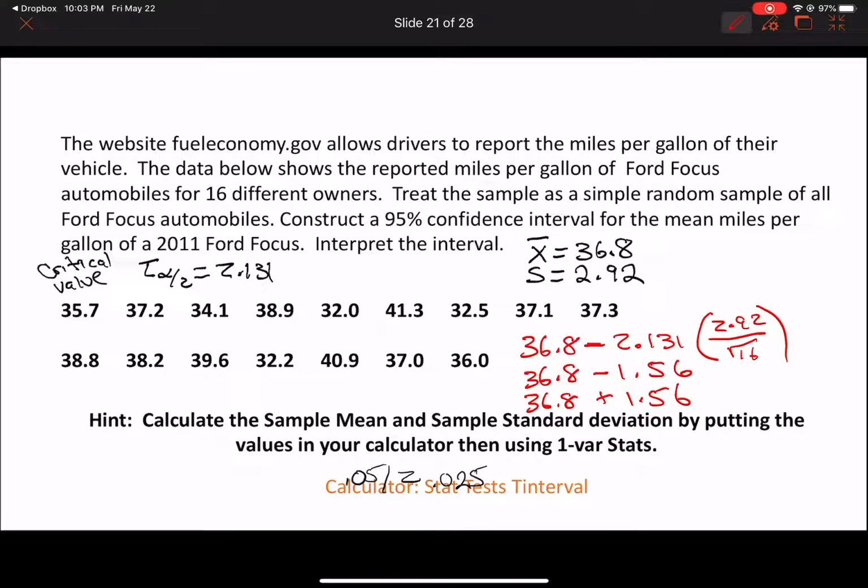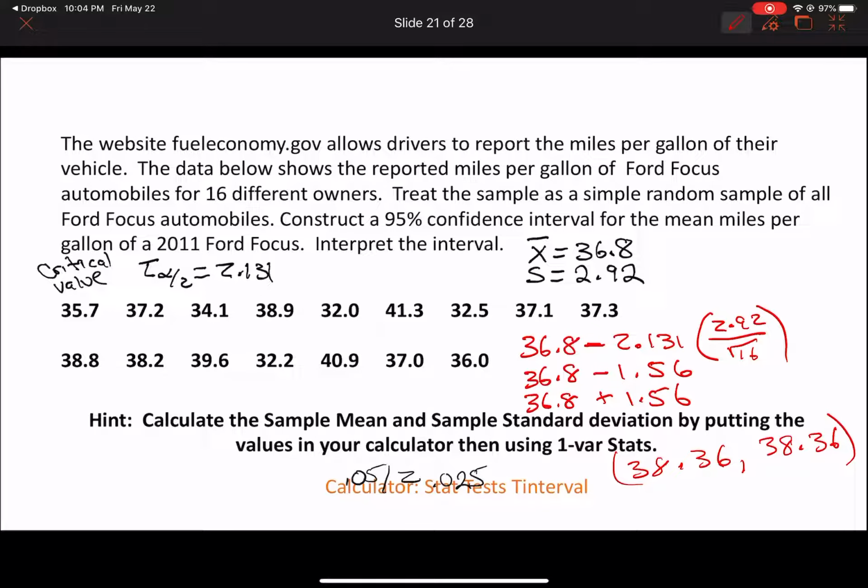So 36.8 plus gives me about, okay, I'm just going to go down to the bottom. I have 38.36 approximately, and my upper interval 36.8 plus 1.56, and I have about 38.36.